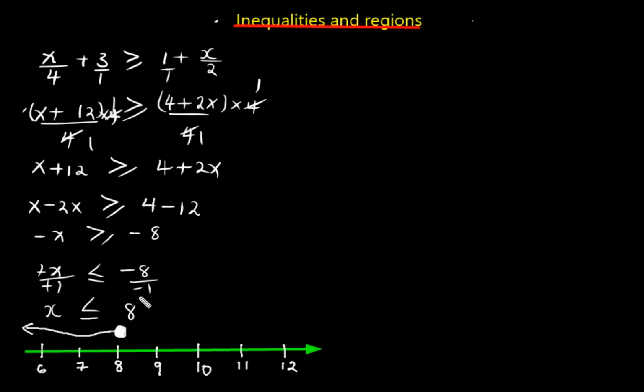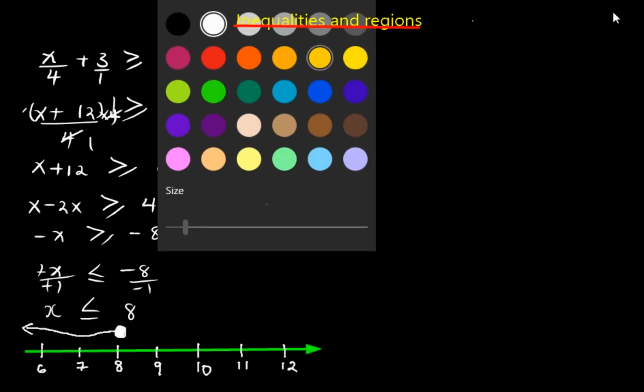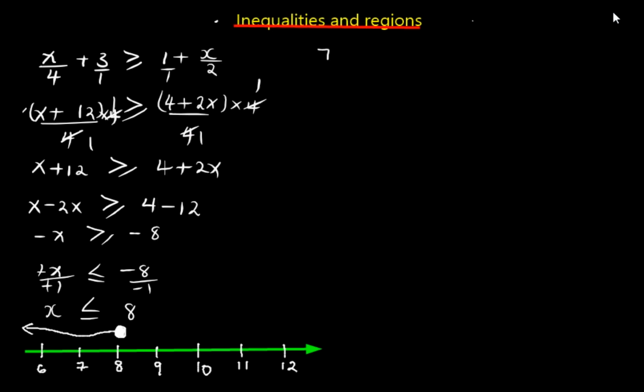Another example, 7 is greater than or equal to 4 minus 3x, and 4 minus 3x is greater than negative 5.